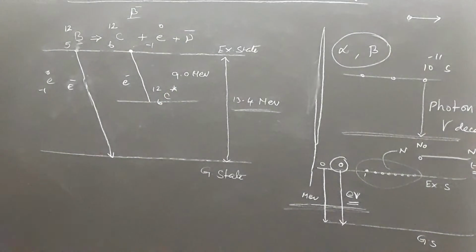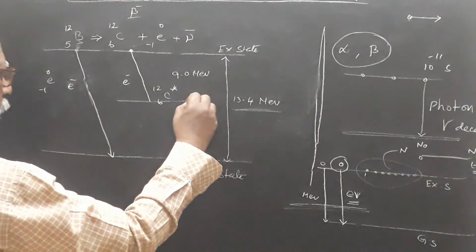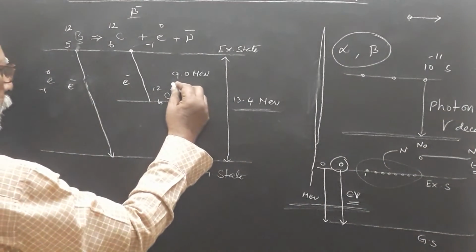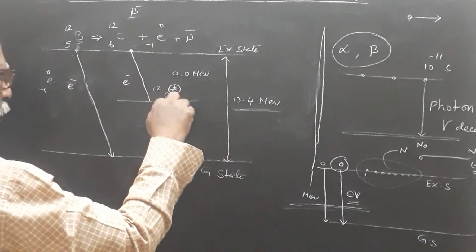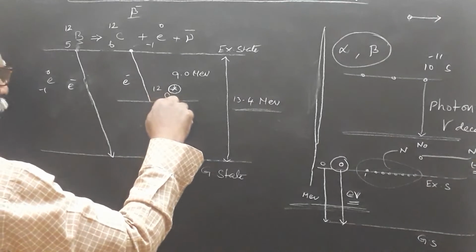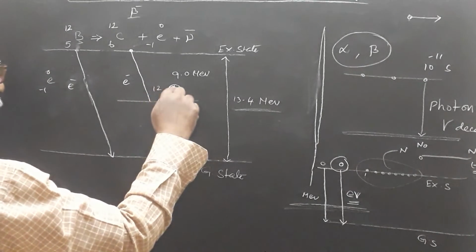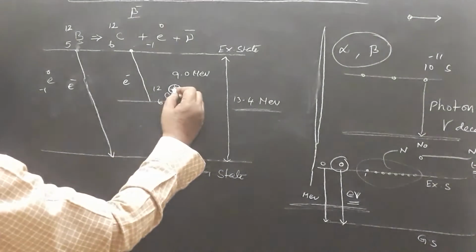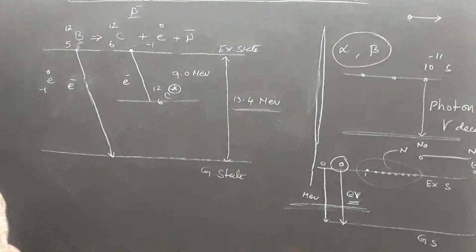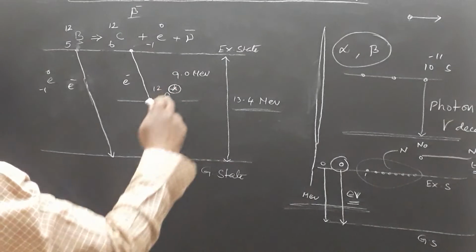Here this is not in the ground state, it remains in the excited state. This star indicates that the nucleus of the carbon isotope 6C12 is in the excited state itself, not in the ground state. That is, the star means excited state.